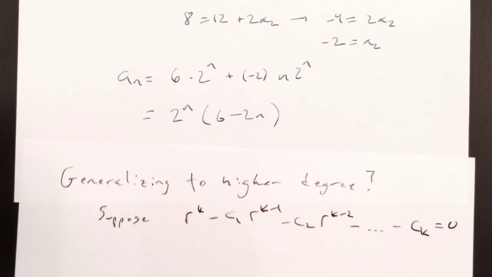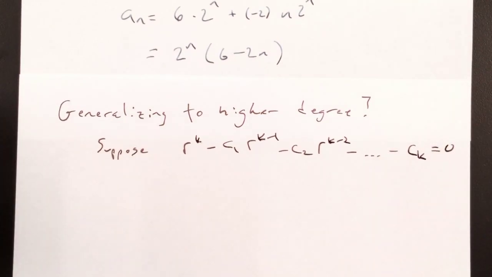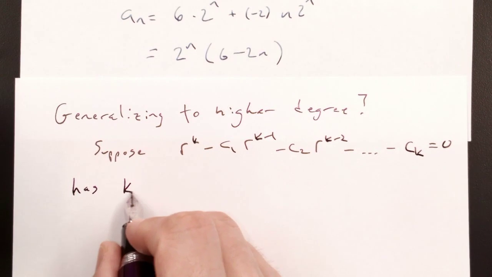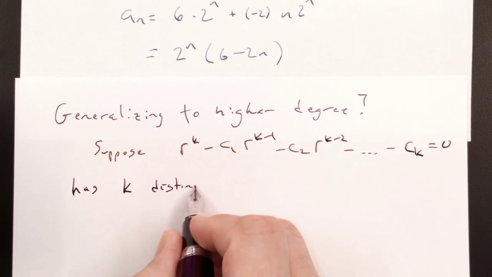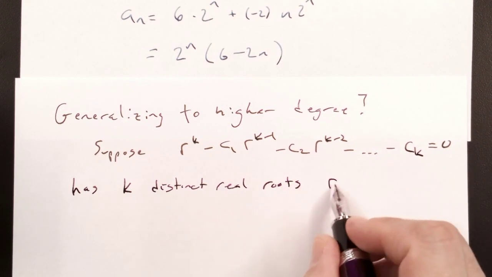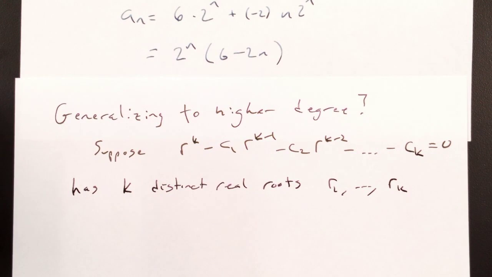So here's my characteristic equation of degree k. Let's suppose we're back in the first case. All of the roots are distinct. Then instead of having two pieces, I have k of them.